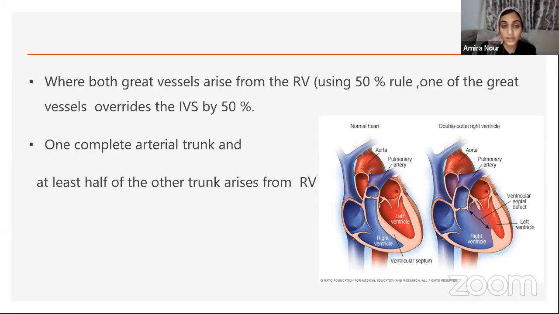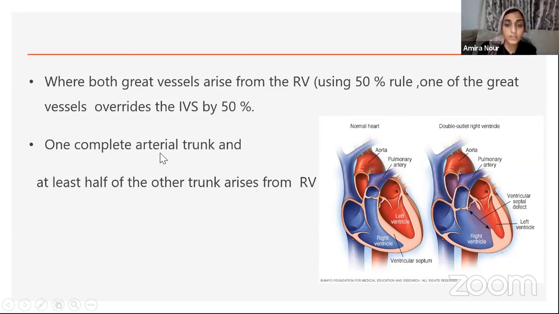However, the most accepted definition, or what we go with in our clinical practice, is both great vessels arise from the right ventricle, and using the 50% rule, at least one vessel overrides the interventricular septum by 50%.